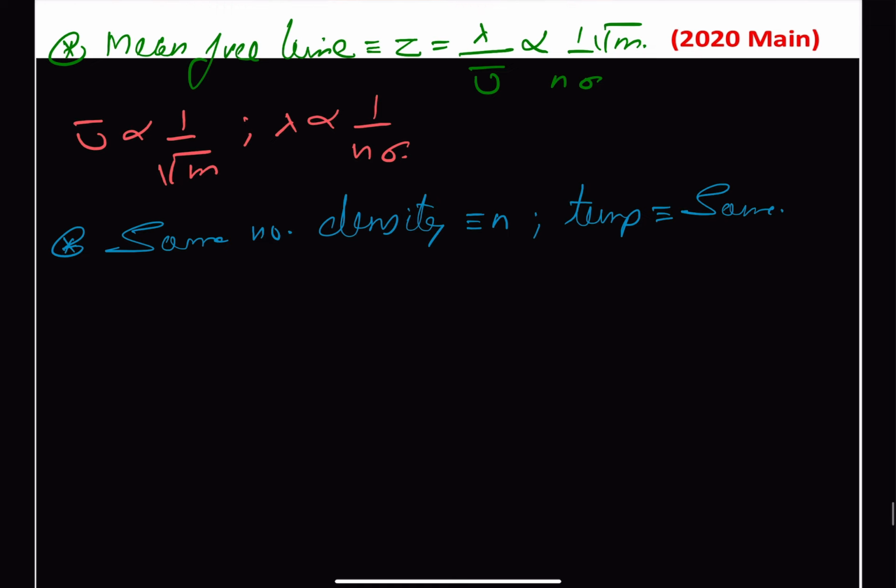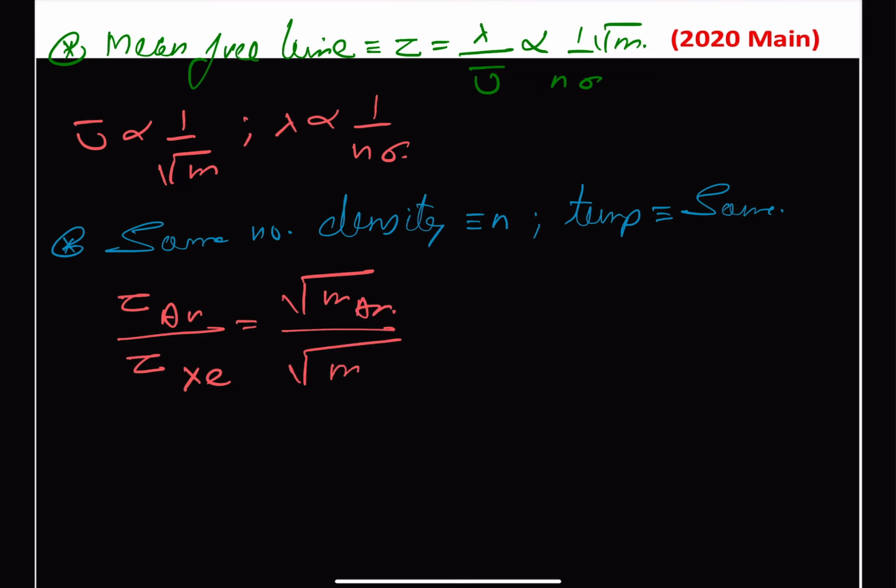So for the ratio, we can write tau for argon divided by tau for xenon will be equal to the square root of mass of argon upon mass of xenon, multiplied by sigma for xenon upon sigma for argon.